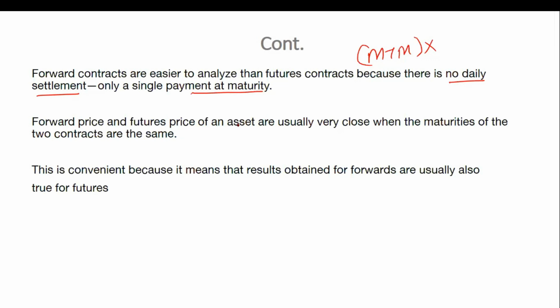Forward price and futures price of an asset are usually very close. They trade very close to each other. This is convenient because whatever result we obtain from the forward pricing can be construed as true for a futures contract as well. So if futures is trading too far away from the forward price, you have an arbitrage opportunity in the futures market as well.